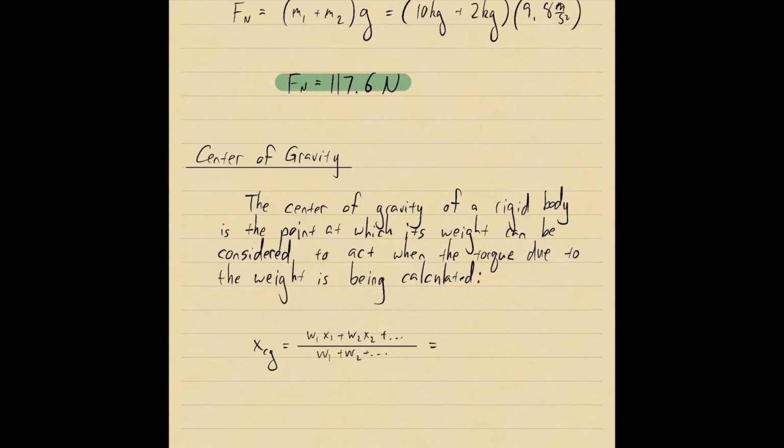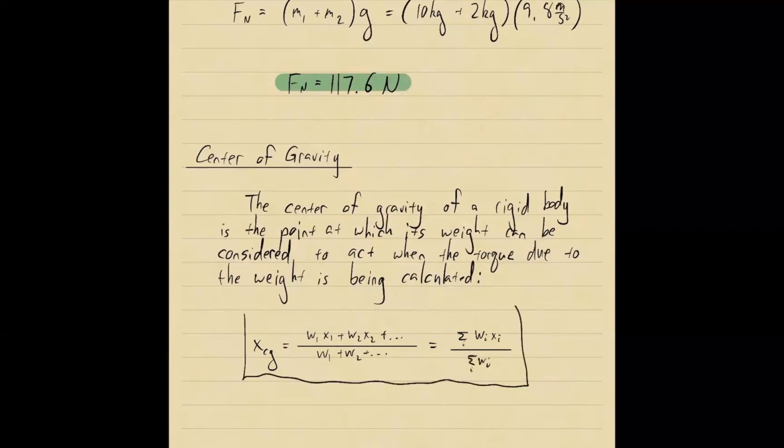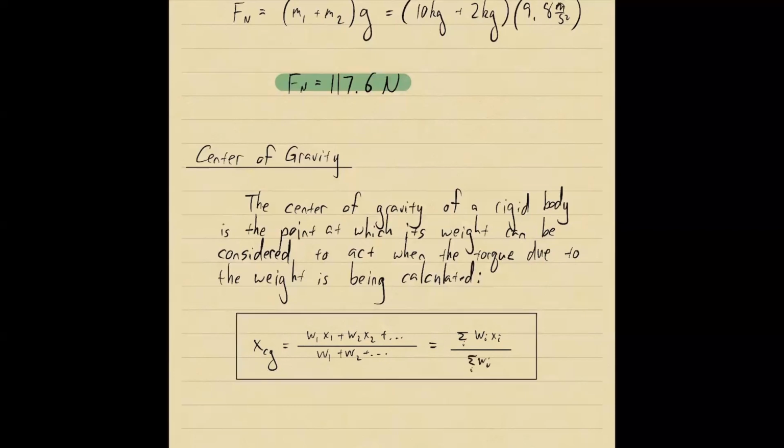So this is equal to the sum. You just add up all the little bits of mass of the problem, and you multiply them by how far away from the axis of rotation you are. Then you just add up all these weights. So this thing right here is our center of gravity, and it's not as intimidating as it looks.